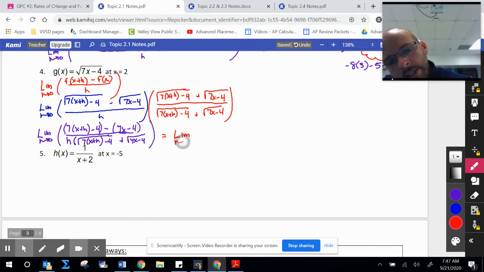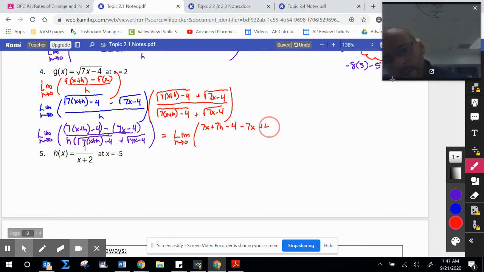The limit as h goes to 0 of 7x plus 7h minus 4, and then minus 7x plus 4, because I distributed the negative, all over h times the square root of 7x plus h minus 4 under the first radical, and then plus the square root of 7x minus 4 under the second radical.